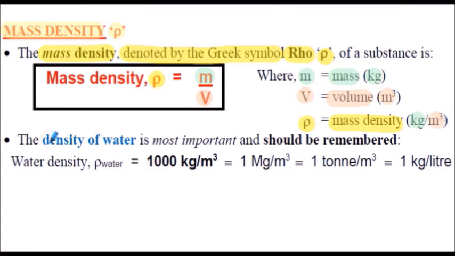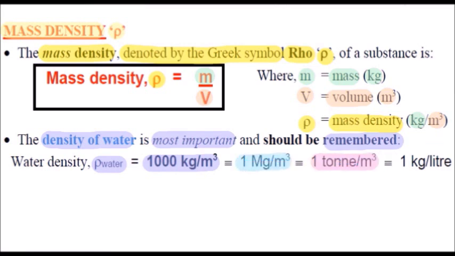Now for reference, the density of water is very important, and I would strongly encourage you to remember this value. So water density, denoted as rho of water here, is 1000 kilograms per meter cubed. Note that can be written as 1 megagram per meter cubed, or 1 ton per meter cubed, or indeed 1 kilogram per litre.